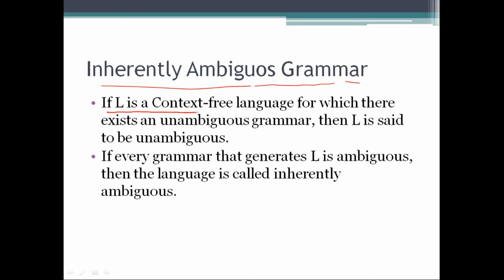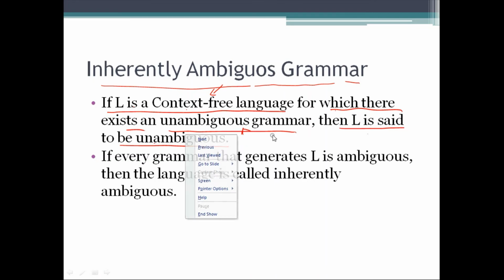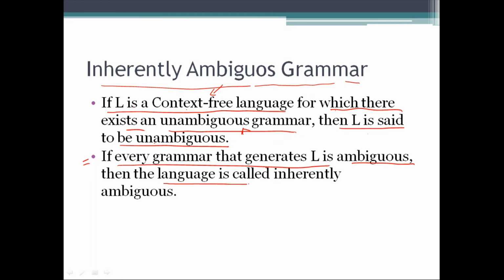If L is a context free language for which there exists an unambiguous grammar, then L is said to be unambiguous. Fine. But the second part of the definition says: if every grammar that generates L is ambiguous, then the language is called inherently ambiguous. Fine.